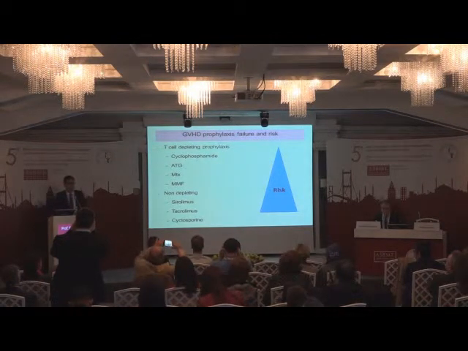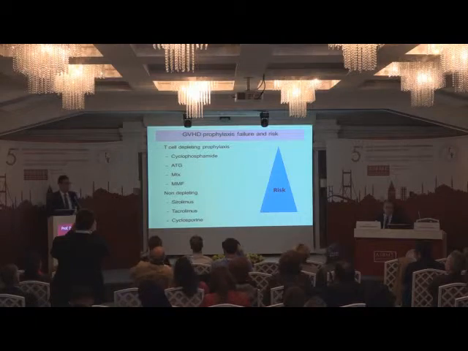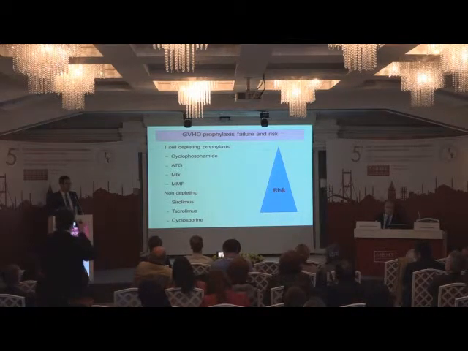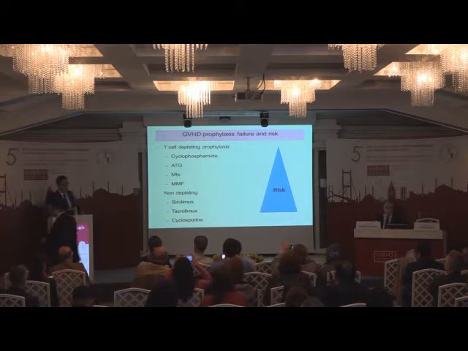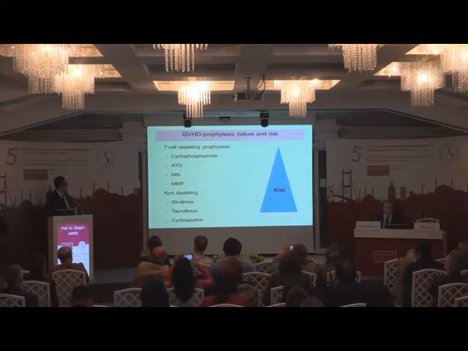In terms of graft versus host disease prophylaxis, as you can imagine, there are two ways of doing it. One is to use T-cell depletion, with agents such as post-transplant cyclophosphamide. You can ablate the alloimmunity, and you get very little graft versus host disease.